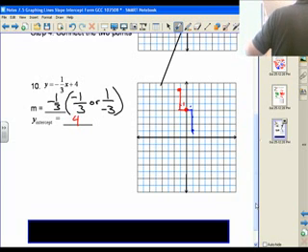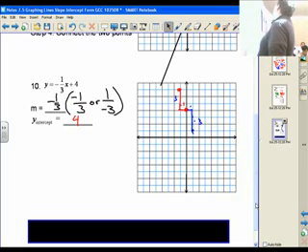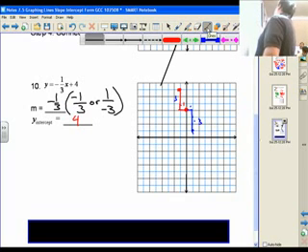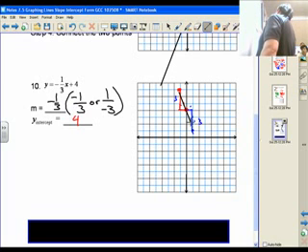Whether I apply the negative 1 over 3, so I went negative 1 and then up 3, because it's positive, I get a second point. Or if I went to the right one and I went down 3, which is my negative 3, that's my positive 1, negative 3. All 3 of those points are on the same line. It doesn't matter, you will still end up with the same line, because when I draw my line, I'll connect the dots.